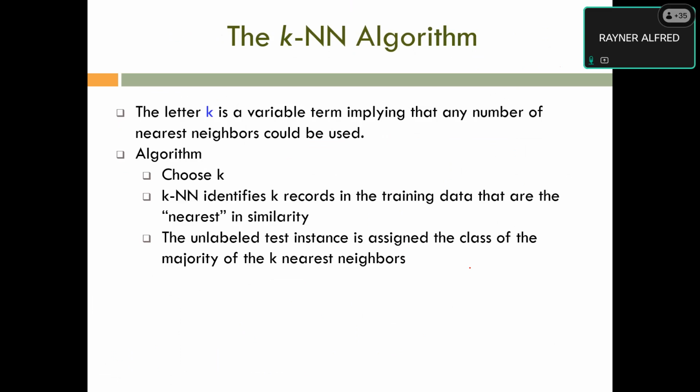What value of k will maximize the accuracy of your data? For every dataset that you have, you need to run a test, because different datasets have different characteristics and will give you different accuracy.